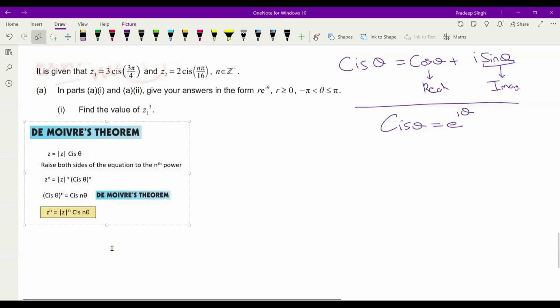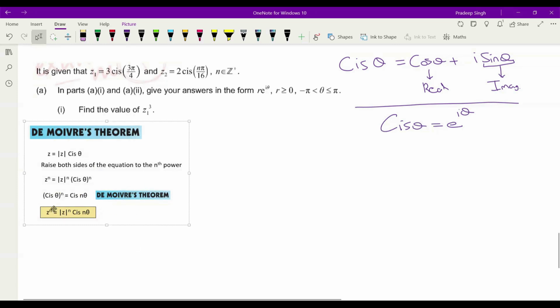So have a look. Let's understand the De Moivre's theorem. Z is equal to mod z cis theta, which is, of course, our polar form or the modulus argument form. If you raise both sides of the equation to the nth power, your equation will become like this. And that's where the De Moivre's theorem comes in.